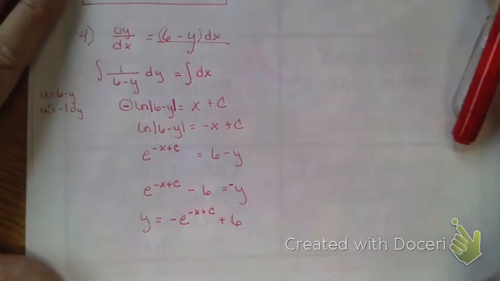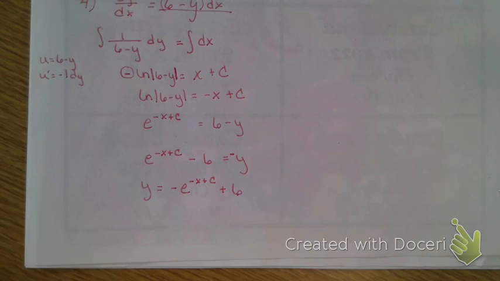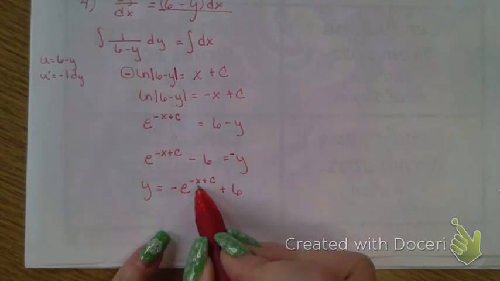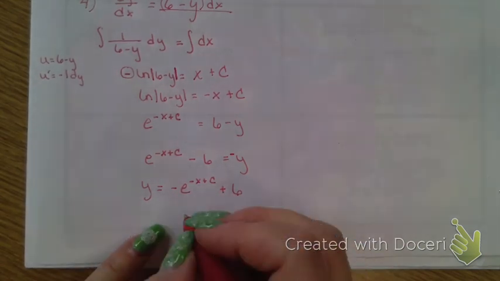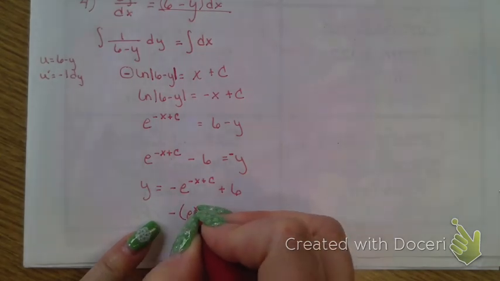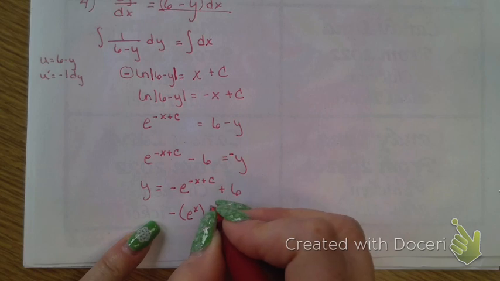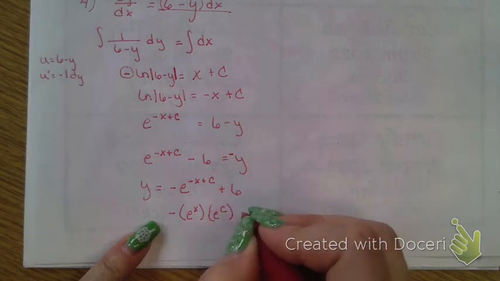Now, that's all well and good, but do we really want to see c in an exponent? Not really. So we need to deal with that. When I'm adding exponents, I'm really multiplying, correct? So I have negative e to the x times e to the c, plus 6.